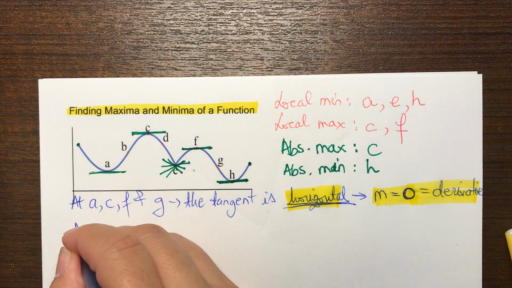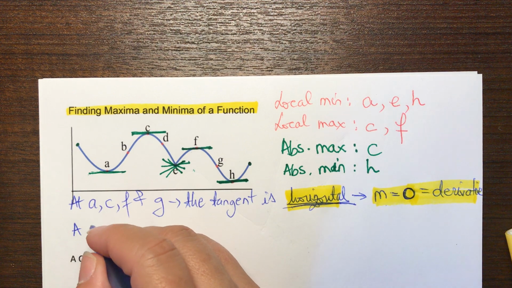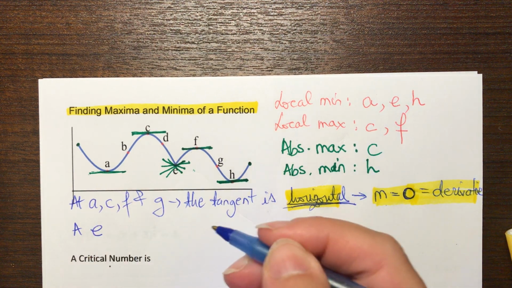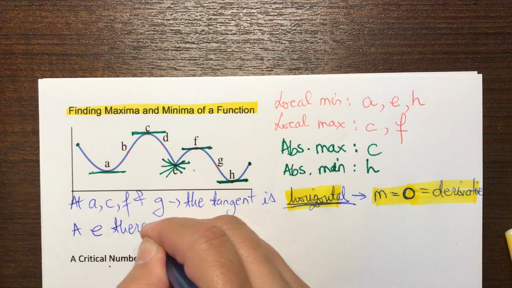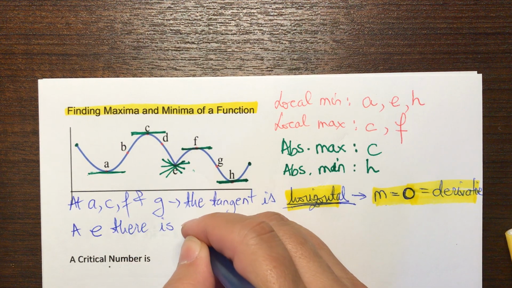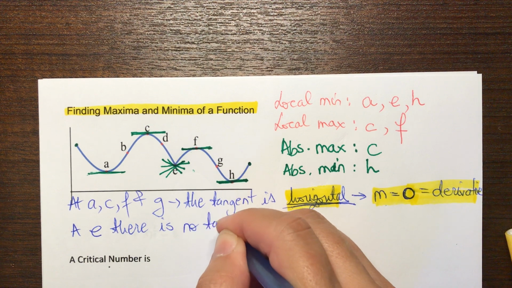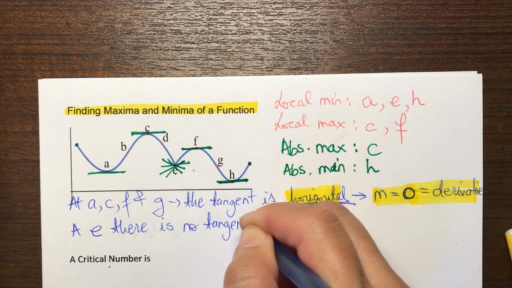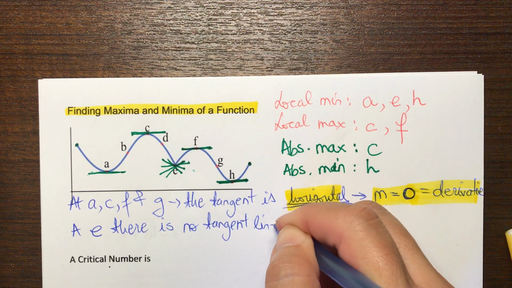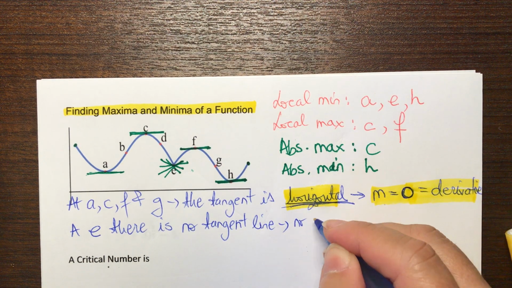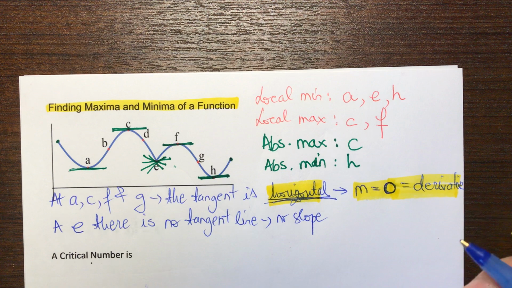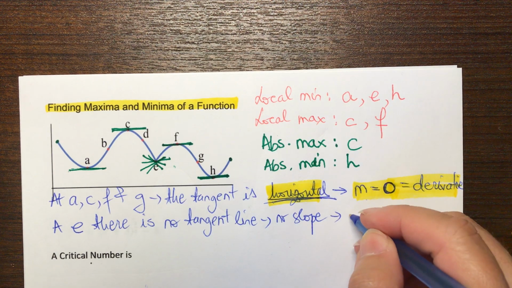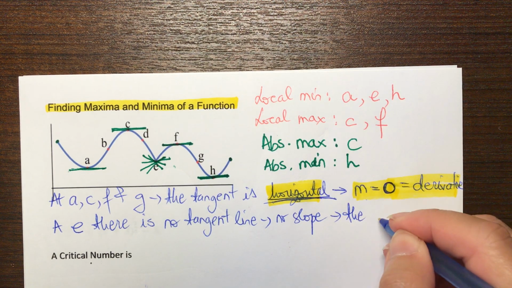What happens at E? At E, there is not one tangent line. So there is no slope because there isn't even a line. So we could say the slope is undefined or it doesn't exist. So in other words, the derivative does not exist.